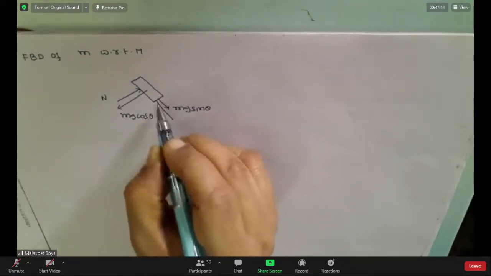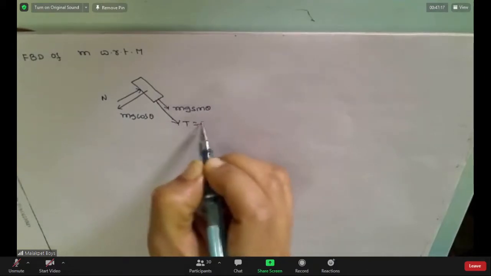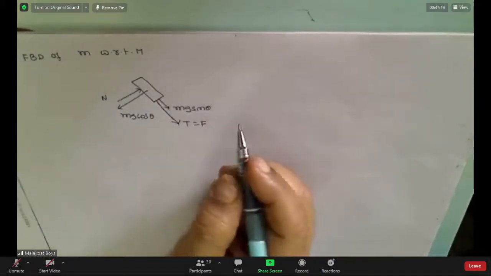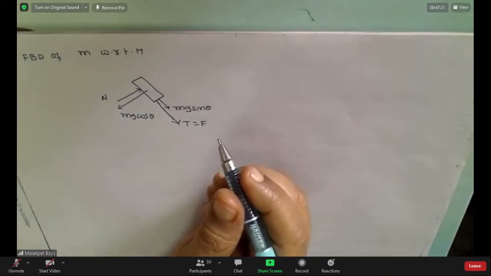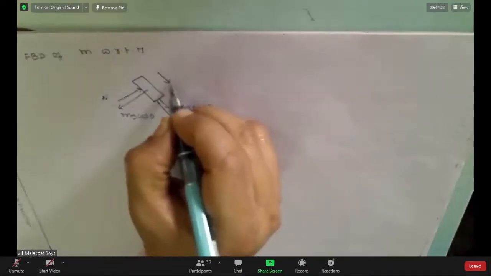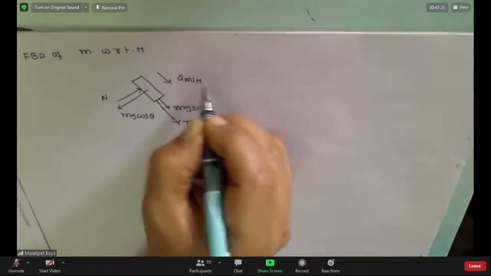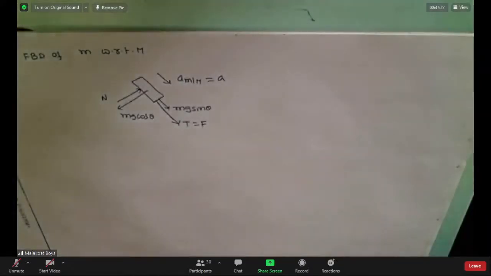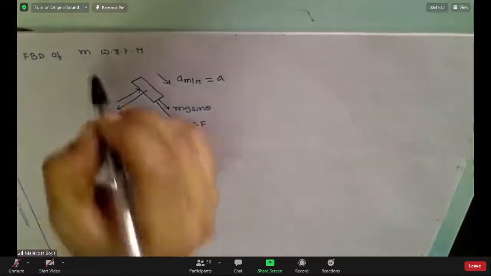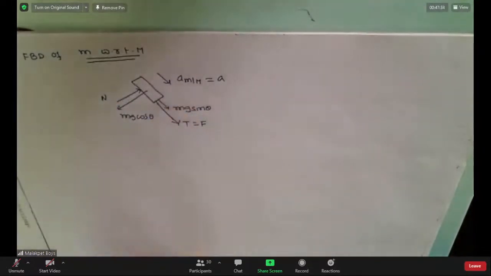Another force is next. Any other force? There is one more. This is acceleration of small m with respect to M. Any other force? That's all. With respect to it, pseudo force.